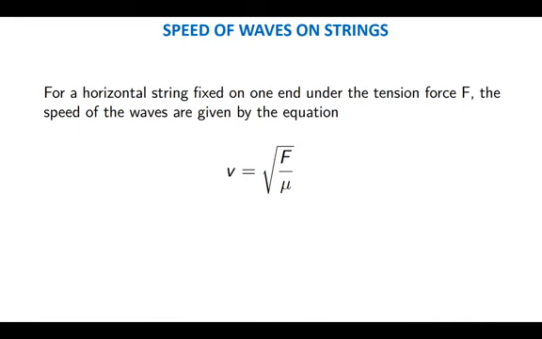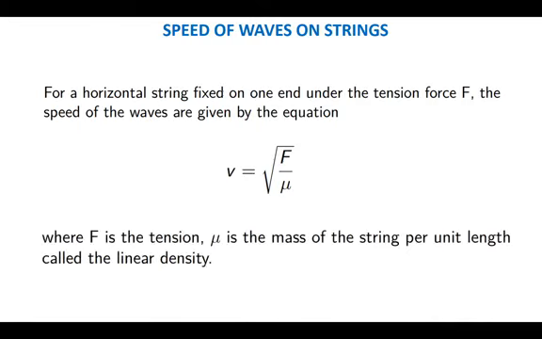This one is called the linear density, and this one is the tension, or the force in the string. The linear density is the mass of a string per unit length.